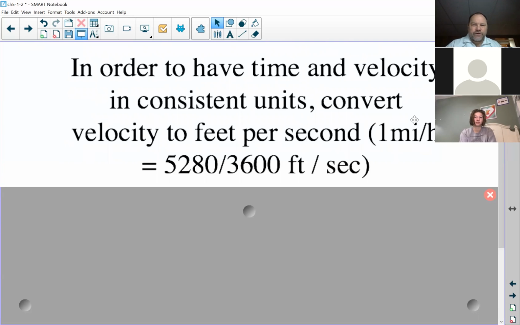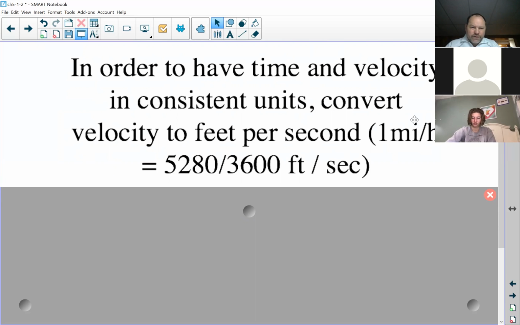So in order to get velocity and time in consistent units, we could either convert our seconds into hours, which I wouldn't recommend, or we could convert our velocity, and a good way to convert that would be into feet per second.